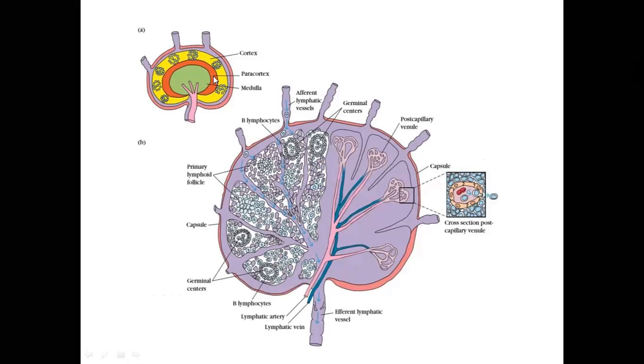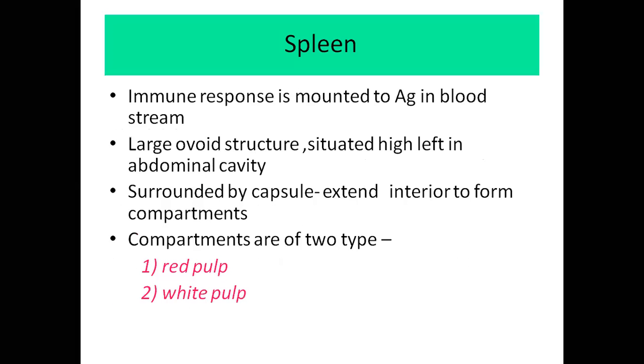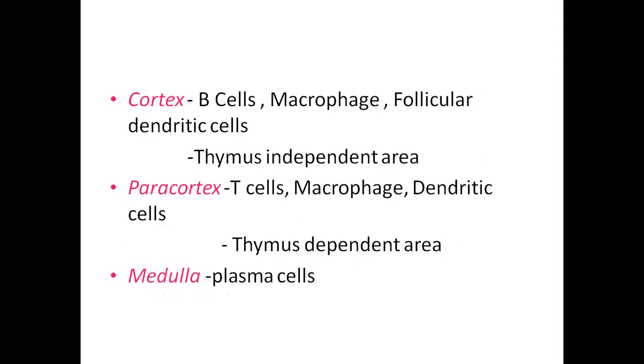After the activation of the B cell, the plasma cells will be formed. Those plasma cells are formed in the medullary area. B cells are then differentiated into plasma cells, and then they secrete antibodies like IgG. This is how it works within the lymph nodes.